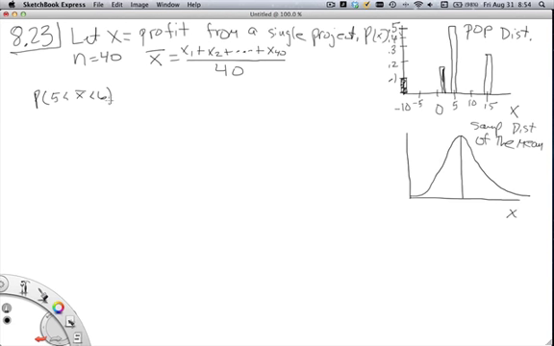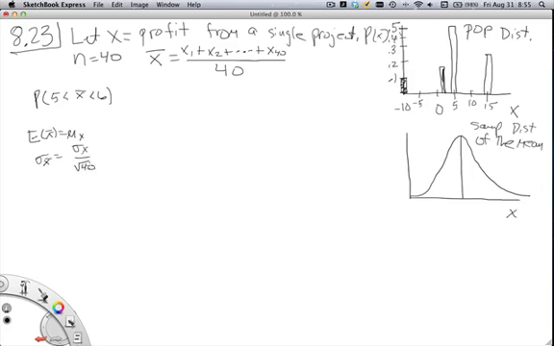Well, remember that the expected value of X bar is mu sub X. So whatever the mean of this population distribution is, will be the same mean as that sampling distribution. And then the standard deviation of X bar will just be sigma sub X over root n.